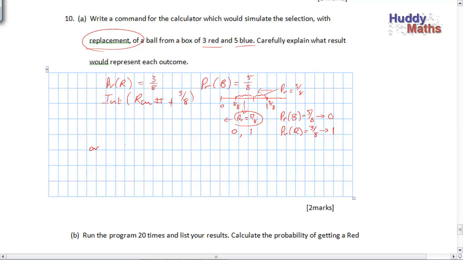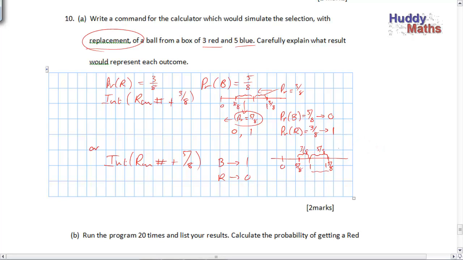Or you could have int of random number plus 5/8, these are the easiest commands, in which case it goes the other way. The blue goes to a 1 and the red goes to a 0. Let's just check that out. So here, 0, 5/8, up here somewhere, 1 and 5/8. So this time, this gap has a likelihood of 3/8, and this gap has a likelihood of 5/8. 5/8 of all the numbers will occur there because it's a bigger gap.